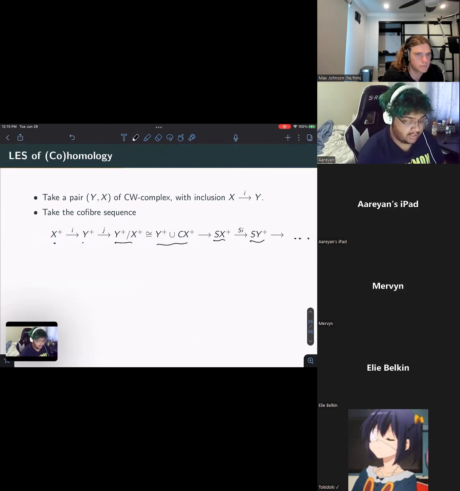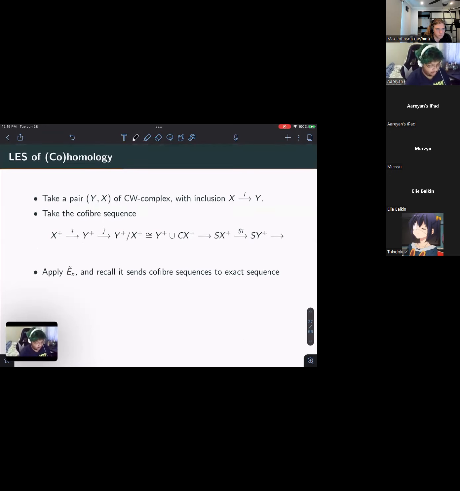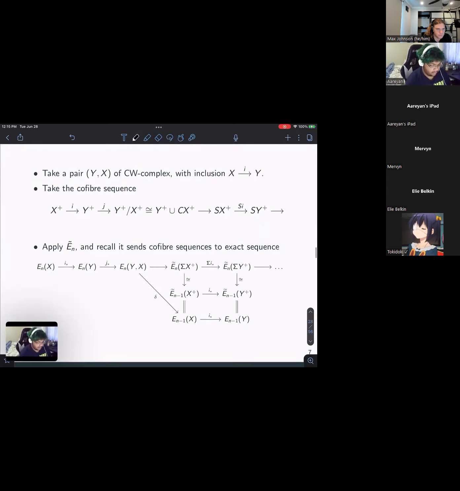This is the general technique with which we'll prove exactness of sequences for our spectra cohomology theories, because we have already seen that cohomology sends cofiber sequences like this to exact sequences. So apply cohomology to this, and we get this. First just look at the upper row.